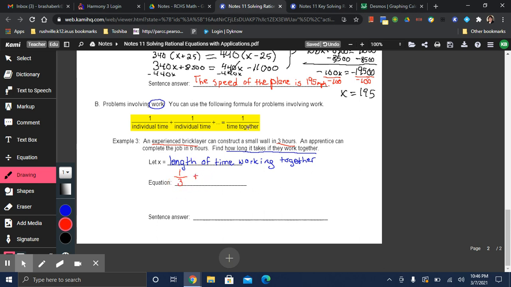Then I find my second individual, the apprentice, takes 6 hours, so 1/6. And I would just keep doing that until I ran out of either machines or people, which is what's happened here. So I'll go on to, after the equal sign, it would be 1 over their time working together, which is x.